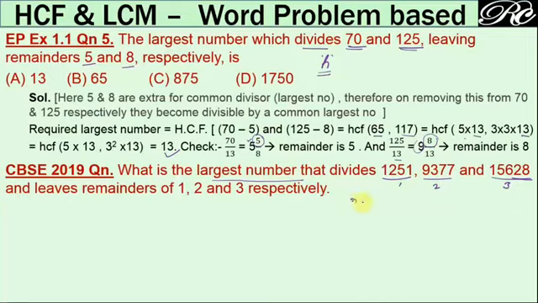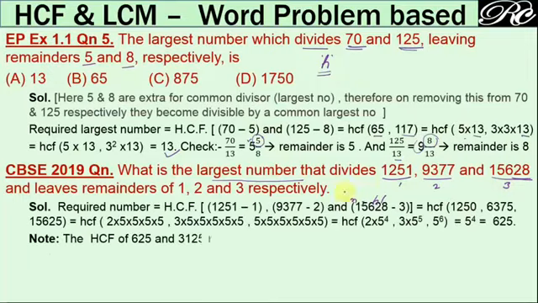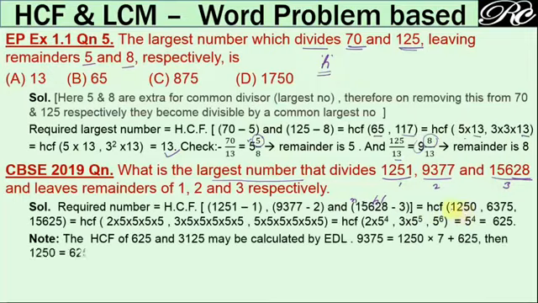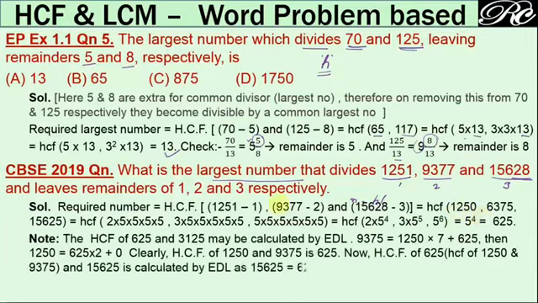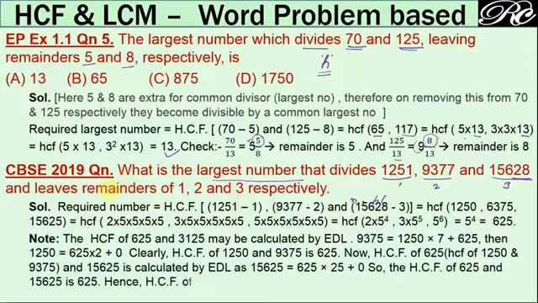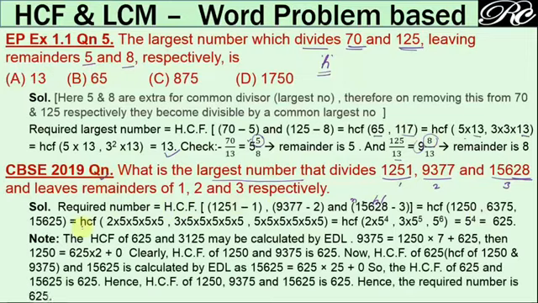So the required number will be the HCF of 1251 minus 1, 9377 minus 2 and 15,628 minus 3. Therefore the required number is the HCF of 1250, 9375 and 15,625. Therefore the HCF will be 625.